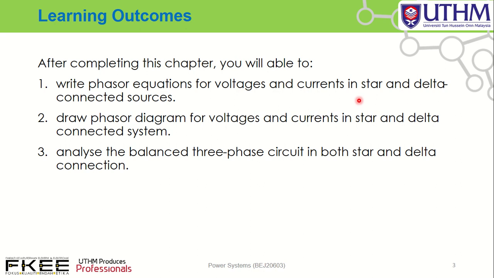Number 2, you are able to draw the phasor diagram for the voltages and currents in star and delta connected systems. The last one, you can analyze the balanced three-phase circuit in both star and delta connection. Analyze means you need to calculate the current and voltage at the source, at the load, and so on.